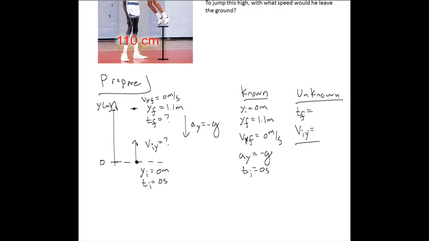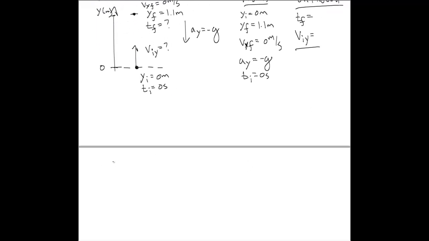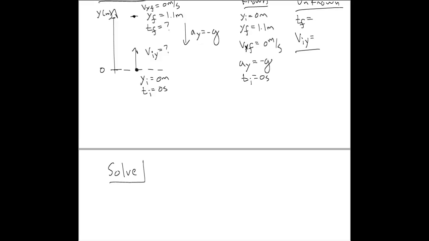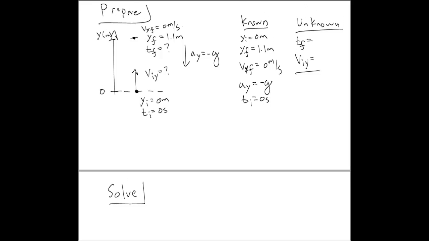Okay, so what we ultimately want to do is see if we can find that initial y velocity given the things we know. And while we don't know the final time, we might not need that just yet. So let's see if we can find a way to solve for the initial y velocity using just what we have. So let's find something that involves all things we know except for v_iy.